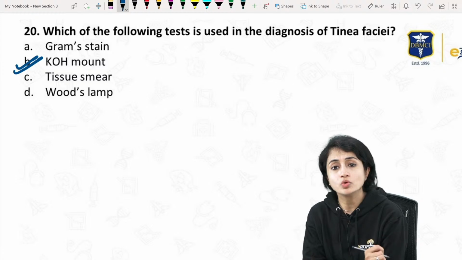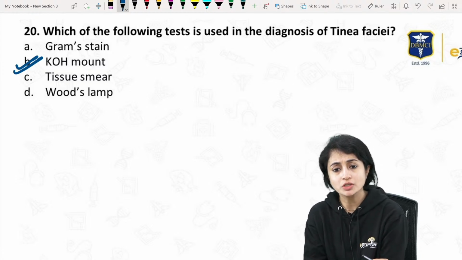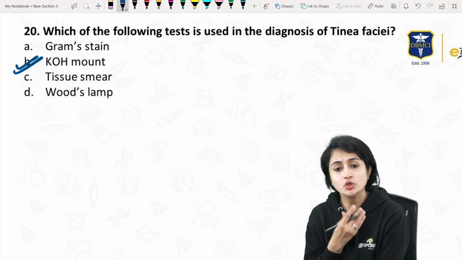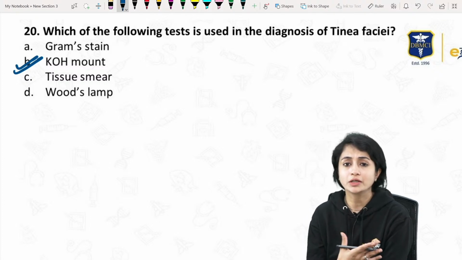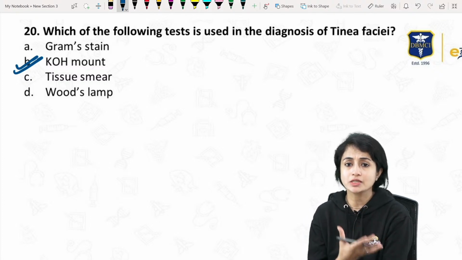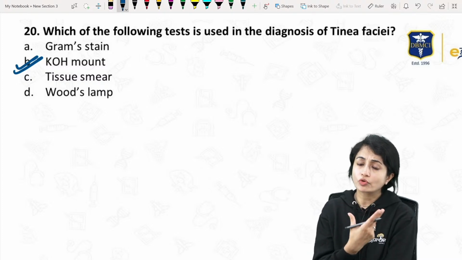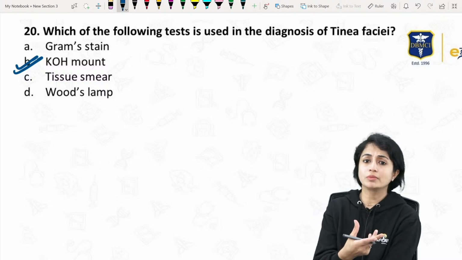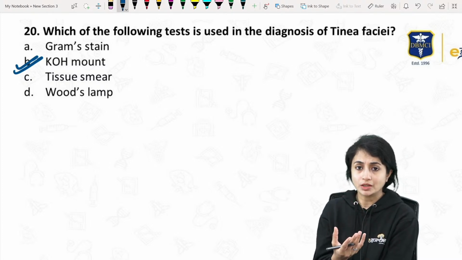Now, why not Wood's lamp for tinea faciei? Wood's lamp is used in fungal infections, but if we use it for tinea faciei, we have a lot of normal fungal commensals sitting on our face. So, if we do a Wood's lamp, there would be some fluorescence coming from those commensal fungi also, and so tinea faciei may not be well demarcated.